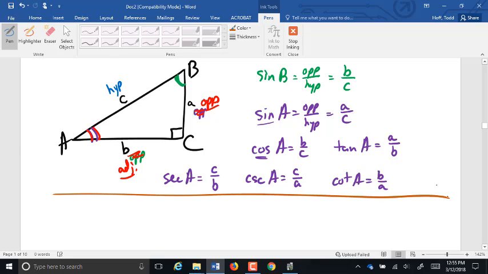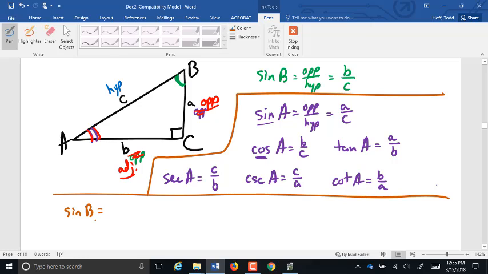Without looking at the triangle, could you tell me the sine of angle B? We'll forgive you. Sine is opposite over hypotenuse. What's the opposite side if I'm looking at angle B? Little b. So it's B over C. Notice the relationship there.